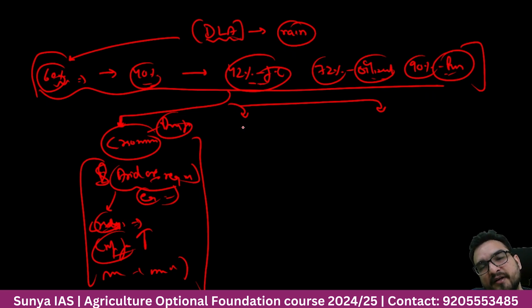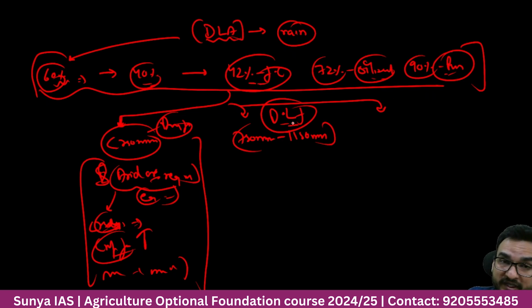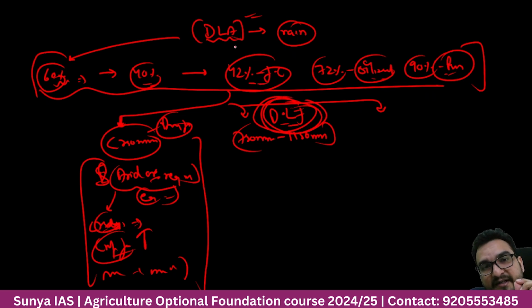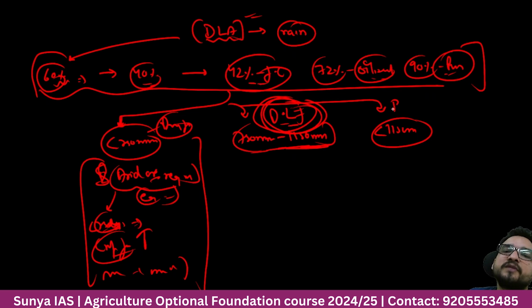Then, if I am receiving between 750 and 1150, I call it dryland farming. Don't get confused, guys. Dryland farming is a category under dryland agriculture, right? You can easily differentiate on the basis of the rainfall we are receiving. If I am receiving greater than 1150, we call it rainfed farming.